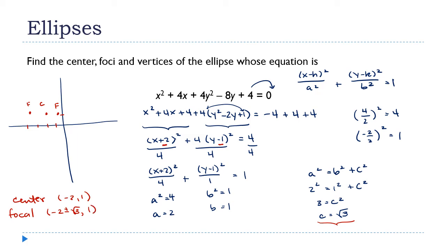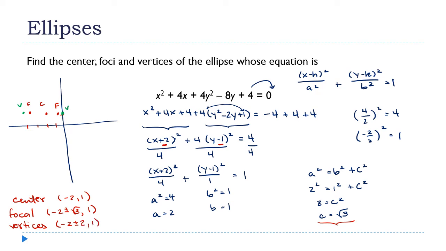All right, where are the vertices? Well, to get to the vertices, I go 2 units. So I'm just going to be here. Let me grab another color. I'm going to have a vertex here and a vertex here. So the vertices will be at -2 plus or minus 2, 1.